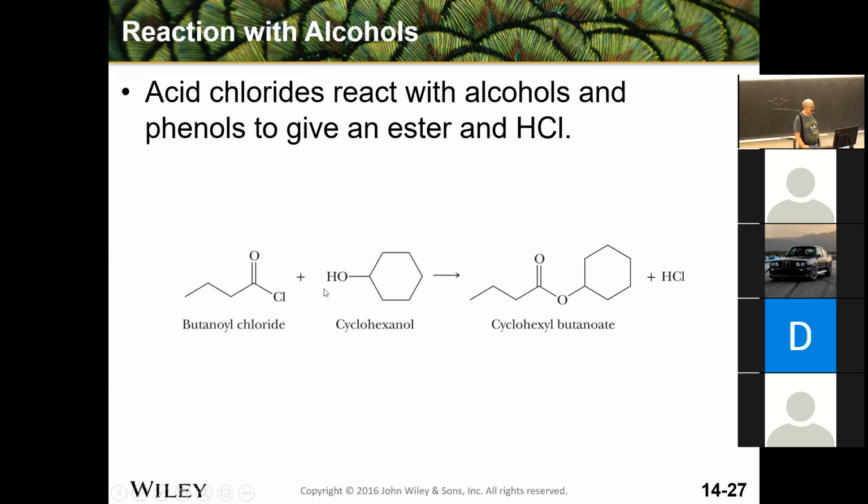So if we split out HCl and we reconnect these, we get an ester. This one is called cyclohexyl butanoate from butanoic acid.